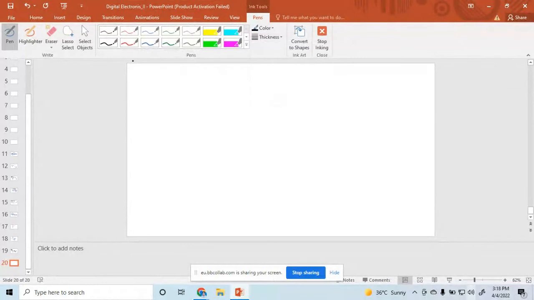Then here I am writing a truth table for SR flip flop.